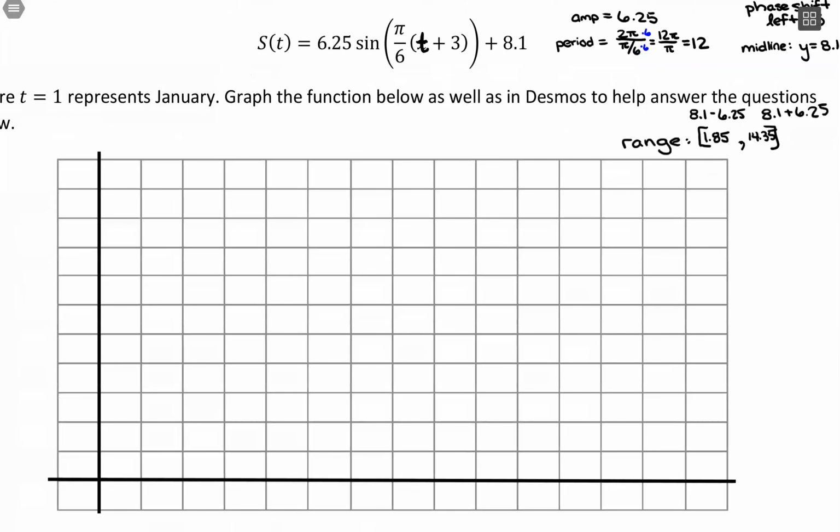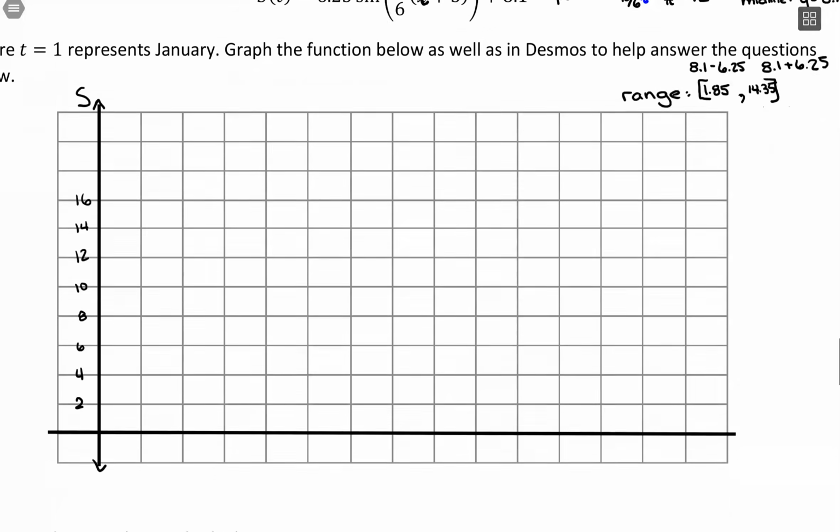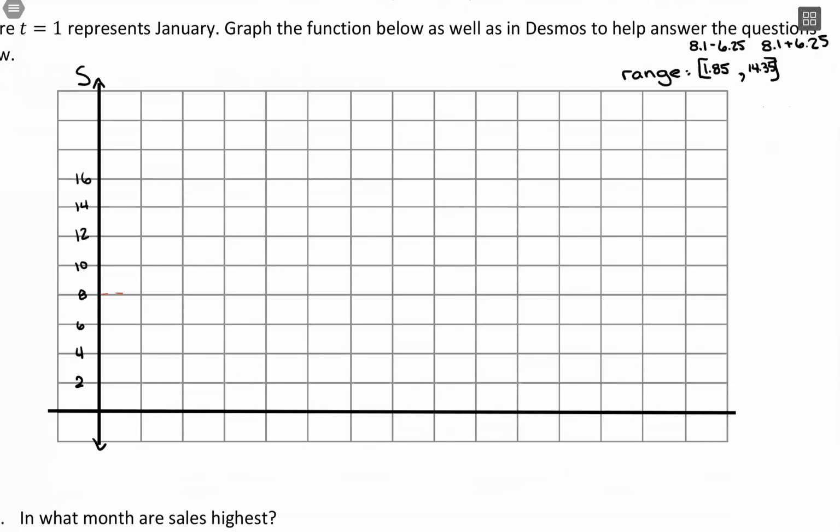Let's see, I want to see up to, for my sales, up to 15. So maybe I'll scale this by 2s. So 2, 4, 6, 8, 10, 12, 14, 16. I could already draw the bound, so the midline is at about 8, a little above really, but I'll just draw close by. And then with the amplitude, the largest value should be 14.35. Maybe about there.